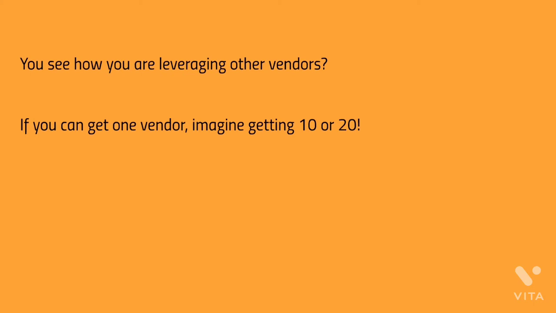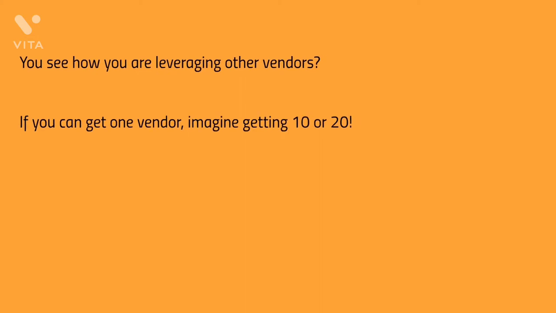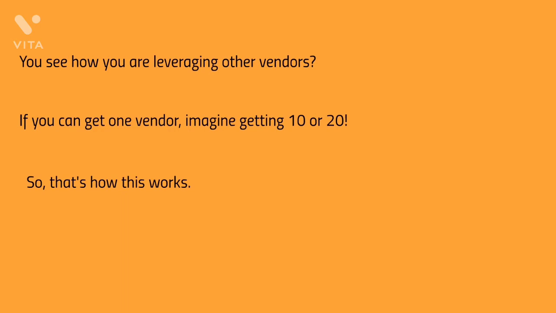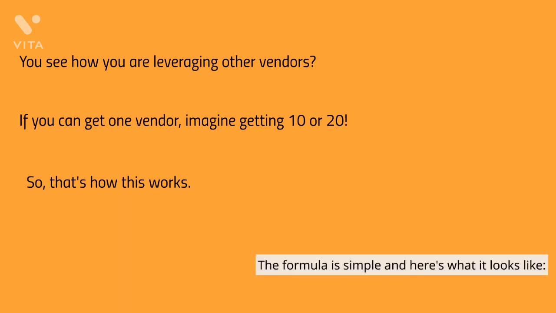So imagine getting 3 or 5 subscribers from each vendor, you could have anywhere from 10 to 50 different people coming to your list every single day. And these are people that are customers. So soon you will have a list of 100 people, and these 100 people will convert at a higher rate as long as you provide them with high value. So this is basically how this works, and the formula is pretty simple.